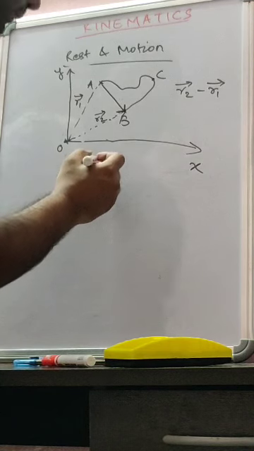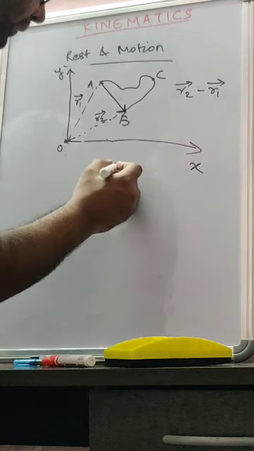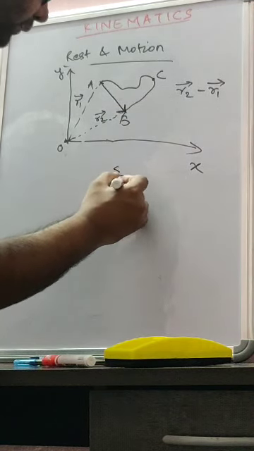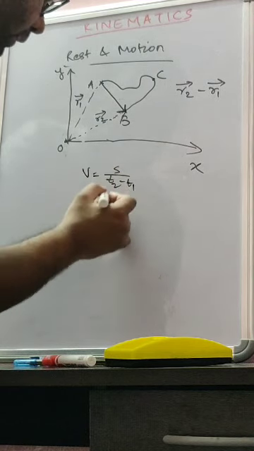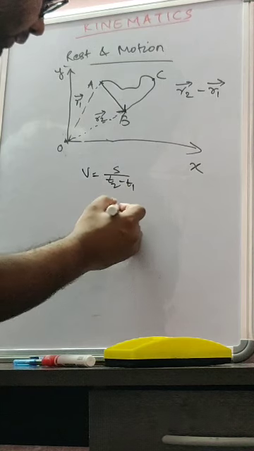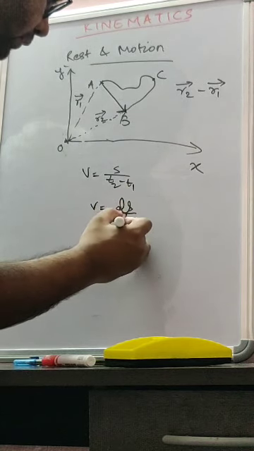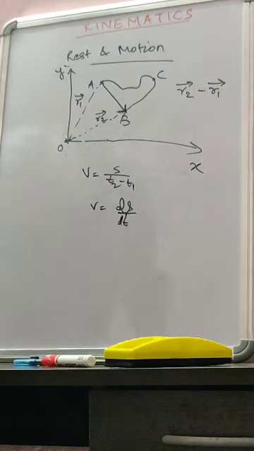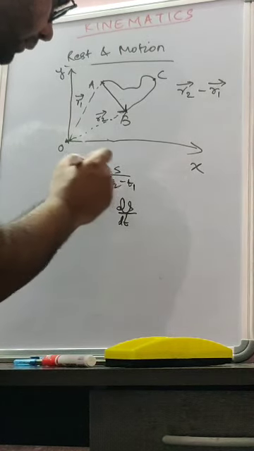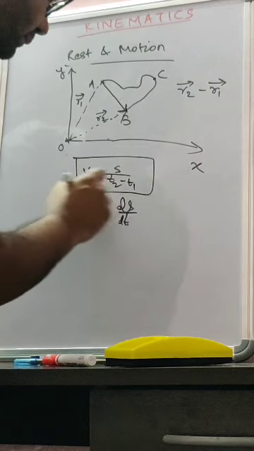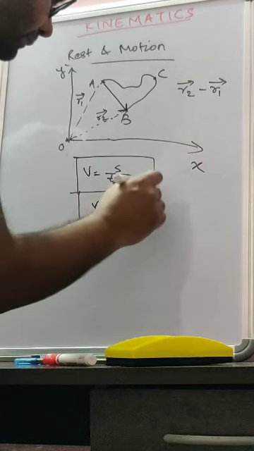Speed will be simply the distance s by t2 minus t1. This is average speed. If we write instantaneous speed, it will be v is equal to ds by dt.